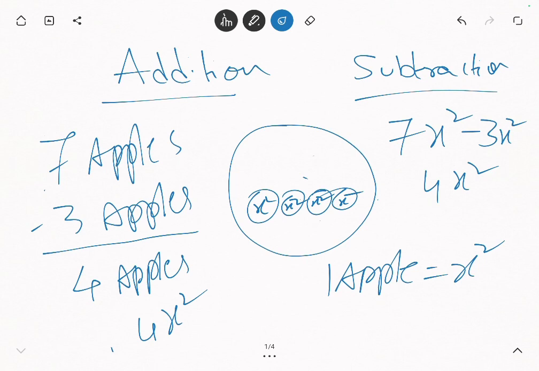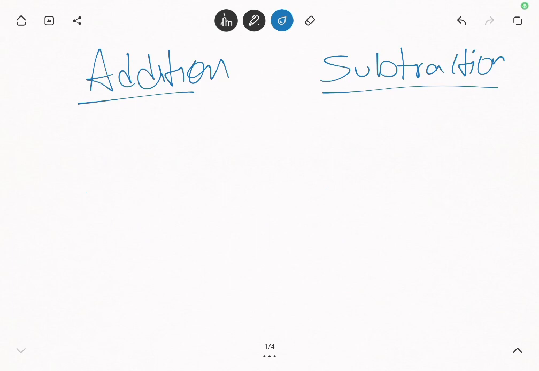I think most of you got the confidence on how to perform addition or subtraction. Now let's see what happens when we perform addition or subtraction on unlike terms. Again, let us consider the same example.